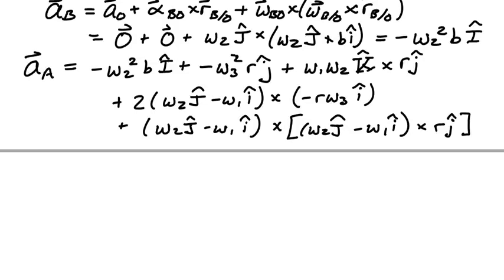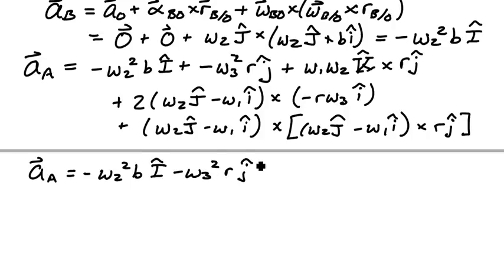So if I do this, bringing the first term down, I have AA is equal to minus omega 2 quantity squared times b in the capital I, minus omega 3 quantity squared times r in the little j. I can come back up here above and note that little j can be expressed as big J, and if I use that equivalency, k cross j is going to give me minus I, so I'll have minus omega 1 times omega 2 times r in the big I. If I look at the next term, I can replace the little i's by big I's.